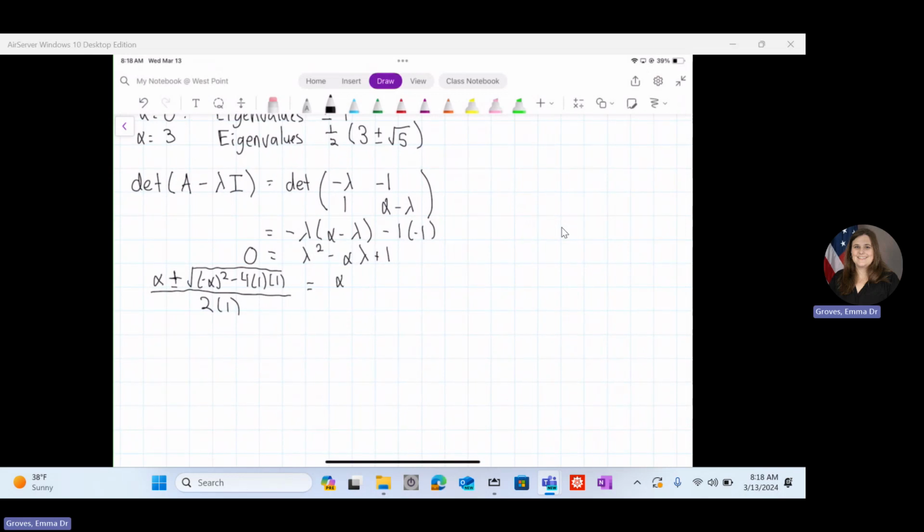Which gives me alpha plus or minus the square root of alpha squared minus 4, over 2.